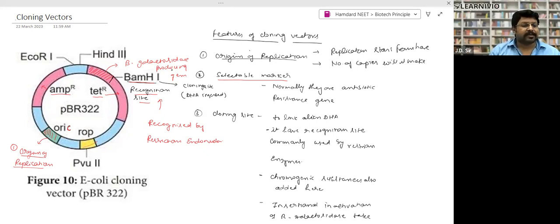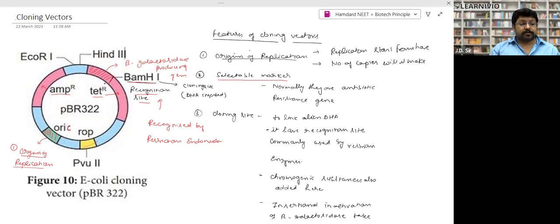Beta galactosidase is an enzyme produced by the gene present at the BamHI site, right? When you remove this part of the DNA and insert a new DNA, then the beta galactosidase gene will be removed from here, and the functionality of the beta galactosidase gene will stop.